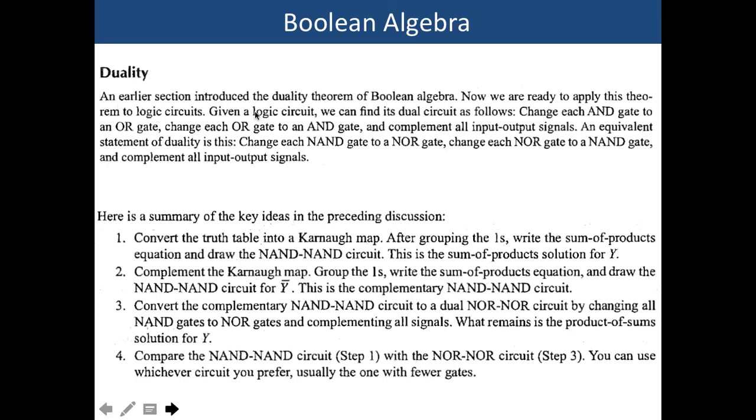An earlier section introduced the duality theorem of Boolean algebra. Now we are ready to apply the theorem to logic circuits. Given a logic circuit, we can find the dual circuit as follows: change each AND gate to an OR gate, or OR gate to an AND gate, and complement all input-output signals. And we can also change each NAND gate to a NOR gate, or NOR gate to a NAND gate.